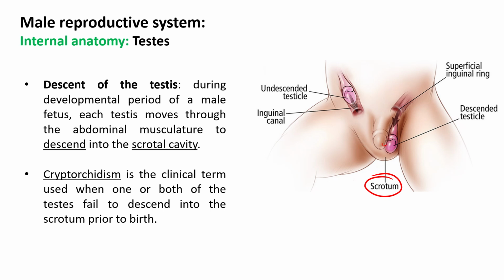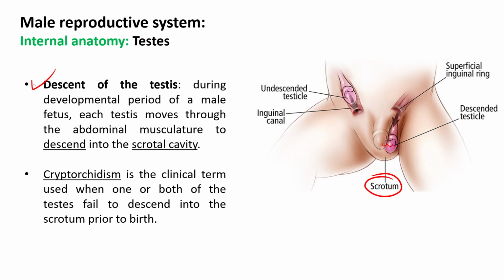That's what normally should occur, and this happens through a tubular structure called the inguinal ring. So the inguinal ring is a tube that allows the testicles to descend into the scrotum.